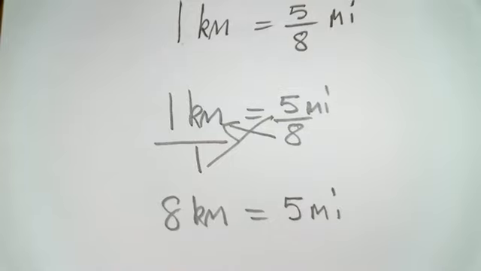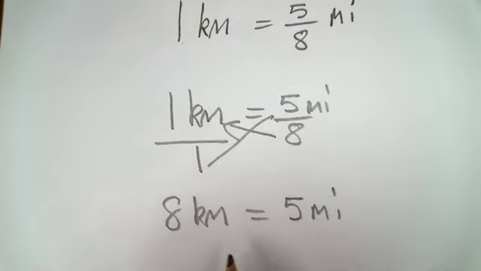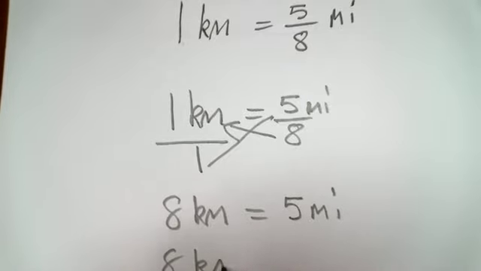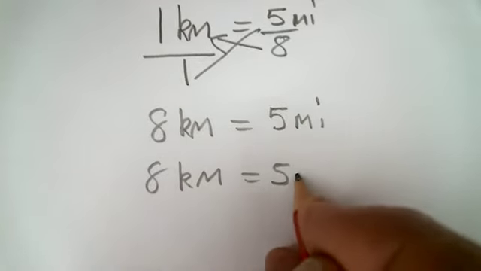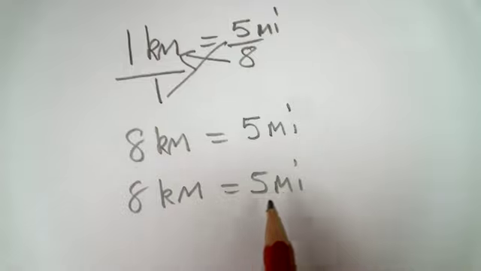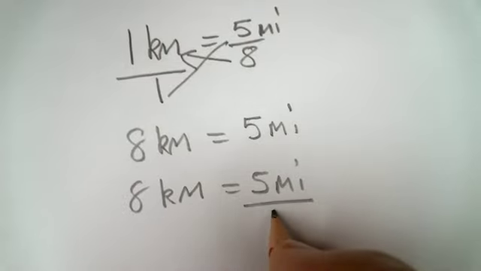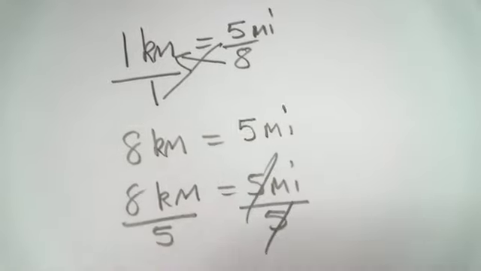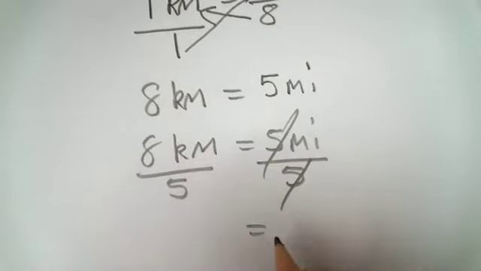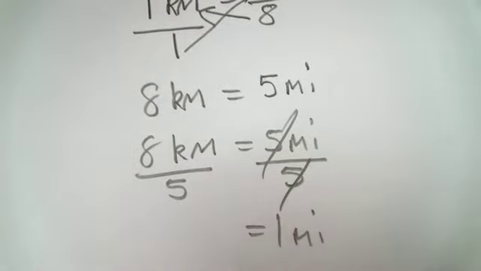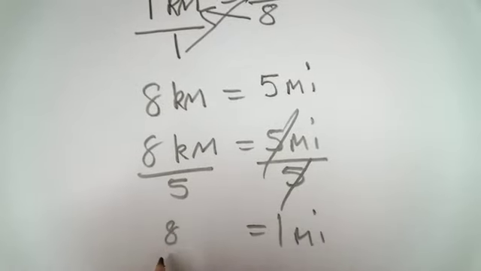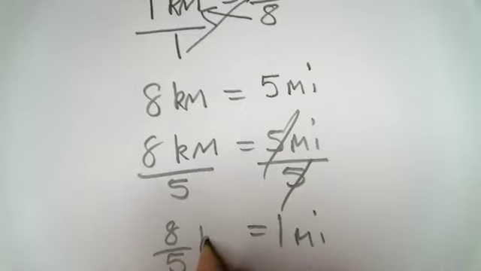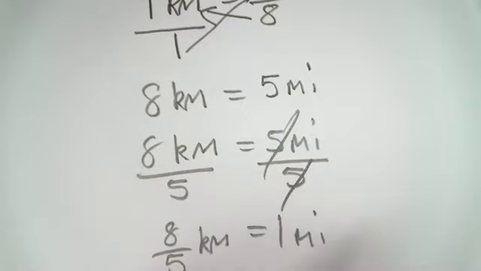What else do we know? Well, if 8 kilometers is 5 miles, how many kilometers is 1 mile? If I divide this by 5, and I divide this by 5, 5 divided by 5 is 1. So I've got 1 mile, and 1 mile is equal to 8/5 of a kilometer, the reciprocal, in fact, of the 5/8 we had before.